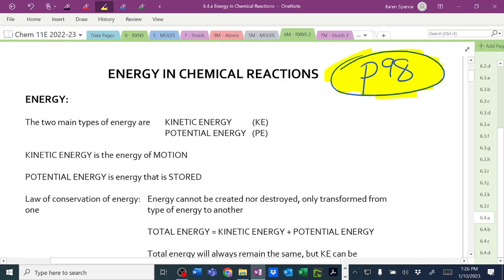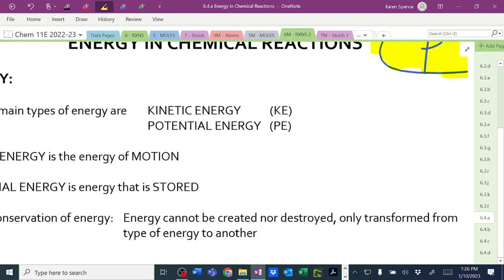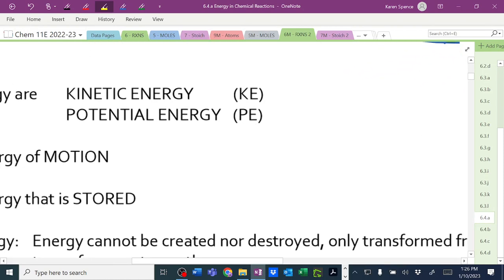This will be important for Chem 12, if you're taking Chem 12. Are you familiar with the terms kinetic energy and potential energy? Kinetic energy is the energy of motion.